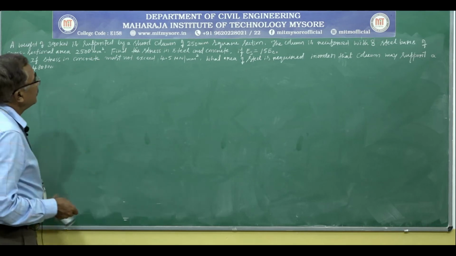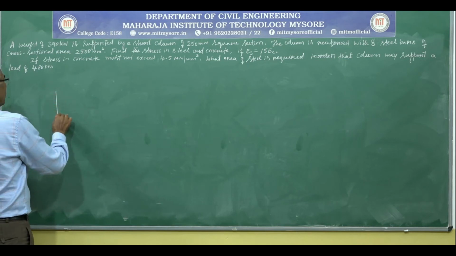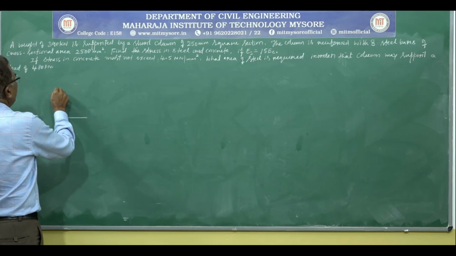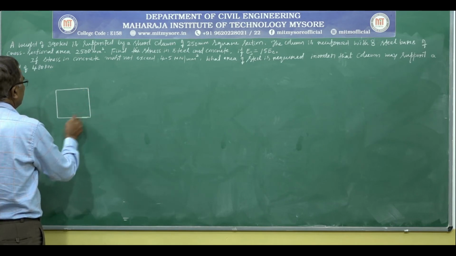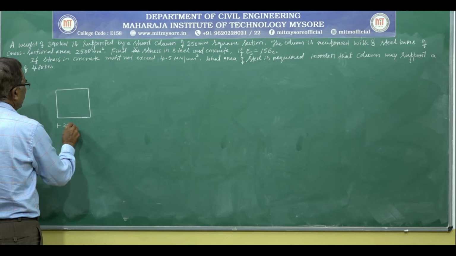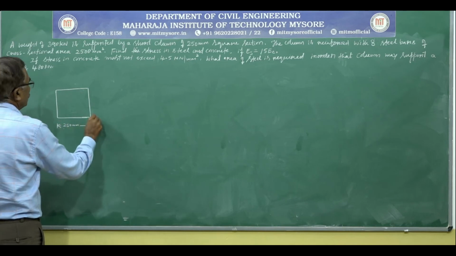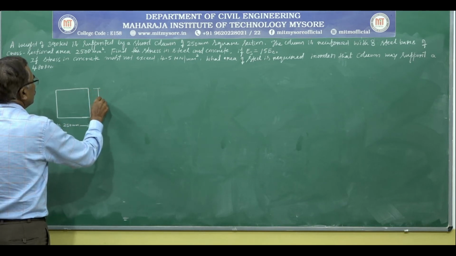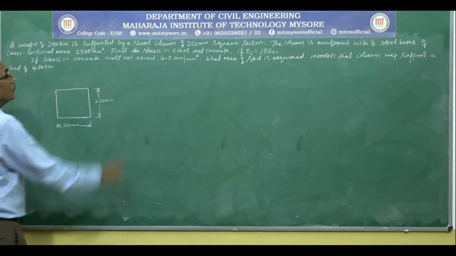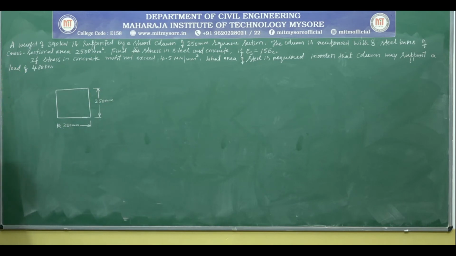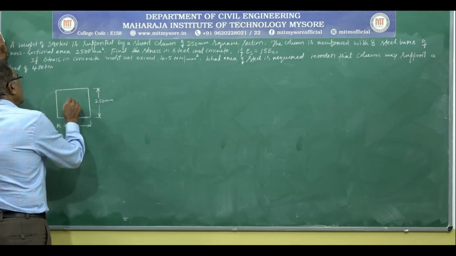Let us draw the cross section of the column. The cross section of the column is 250 millimeter square. It is a square column. The column is reinforced with 8 steel bars of cross sectional area 2500 millimeter square.